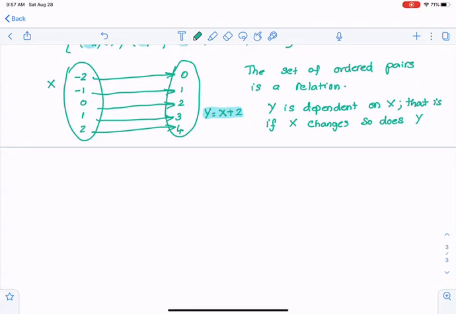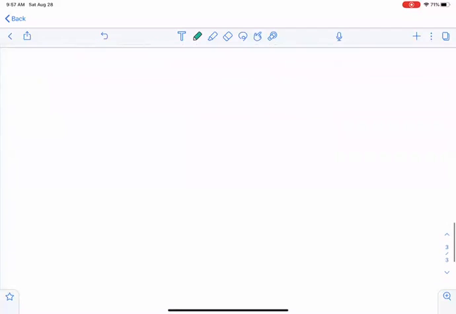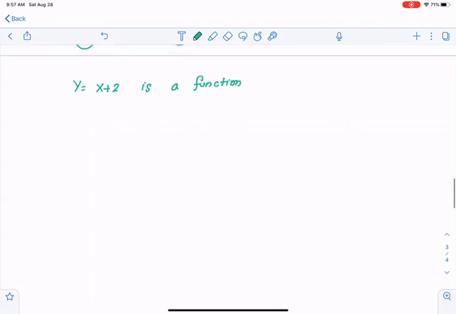For different values of x, we get different values of y. So y equals x plus 2 is a function. And it is also a relation.